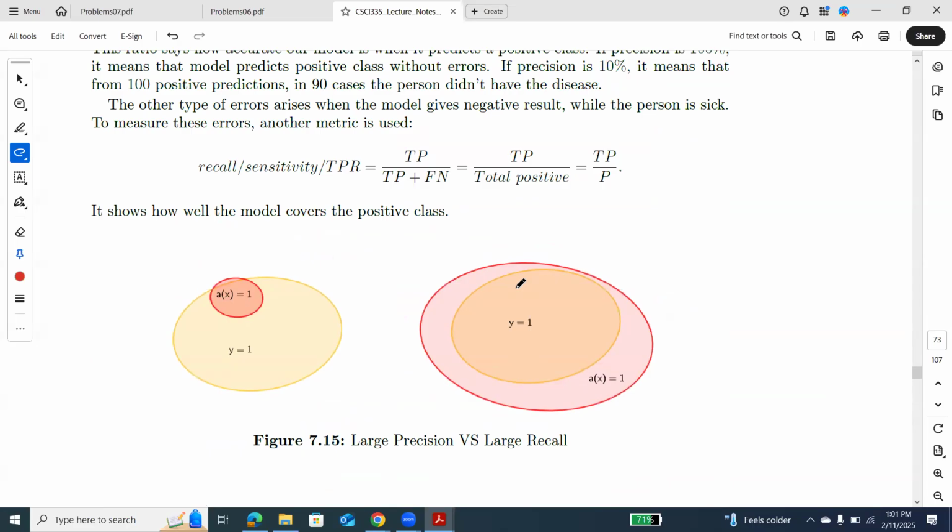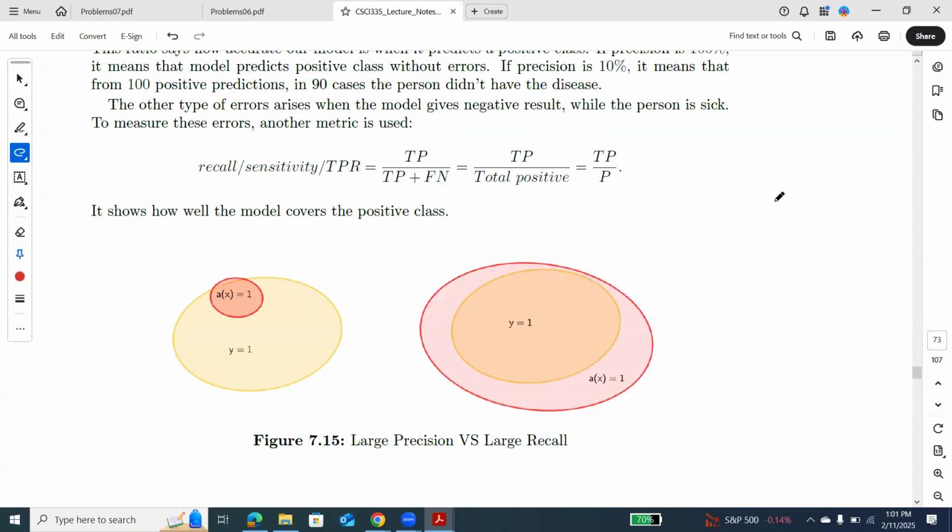In the first case, our model predicts just a small amount of data as class 1, but most of these predictions are correct. They also have true label 1. We have the formula for recall here: recall is the total number of true positives over the total number of positives.